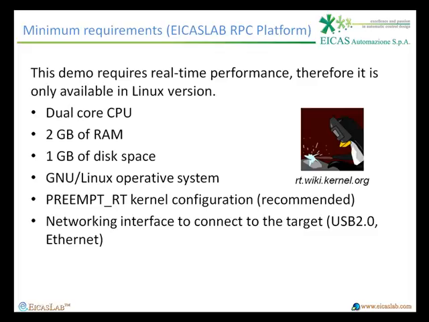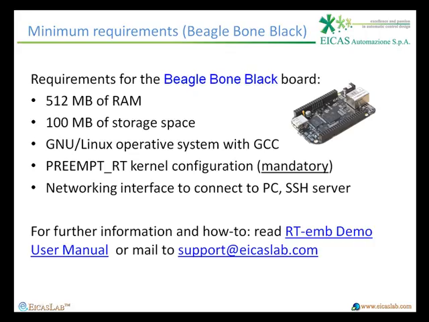More information and configuration hints are given in the demo user manual. The PC also needs networking interface to connect to the target. The demo has been tested on Beagle Bone Black revision C, but you can use another board compatible with these requirements.